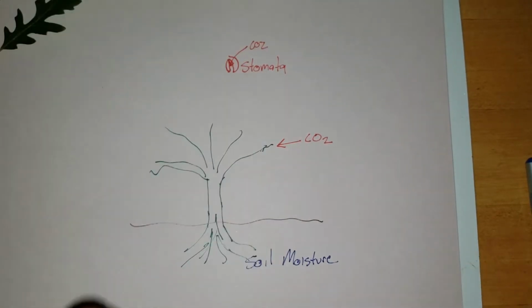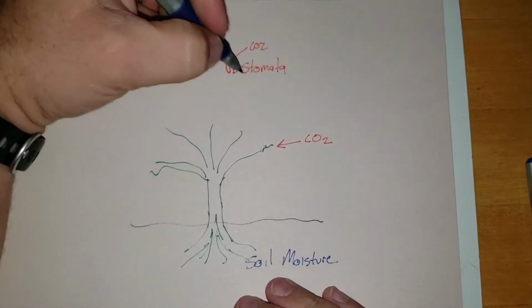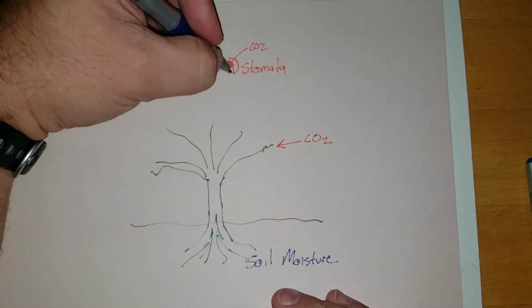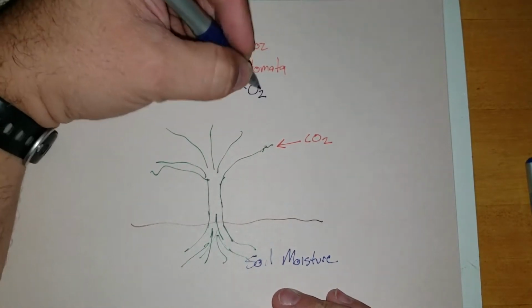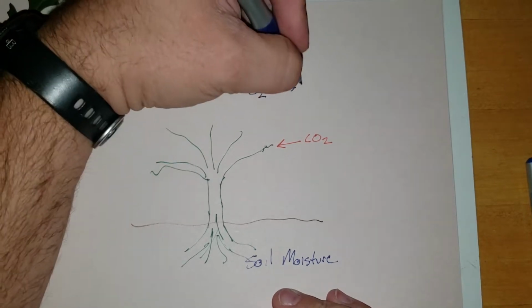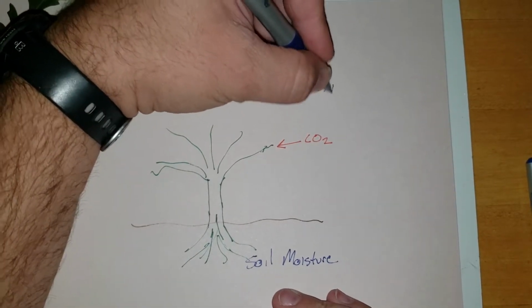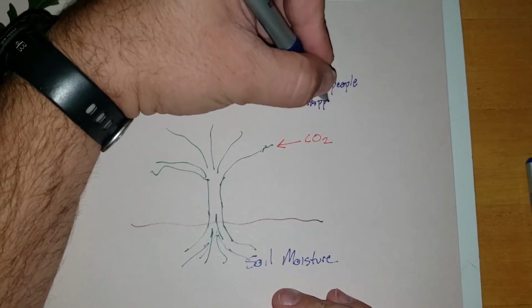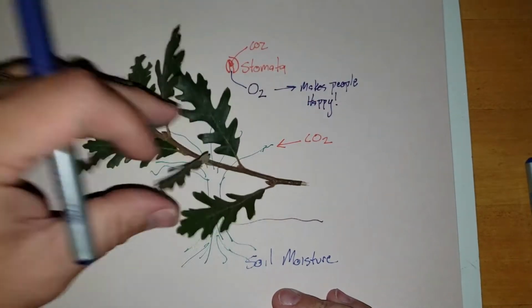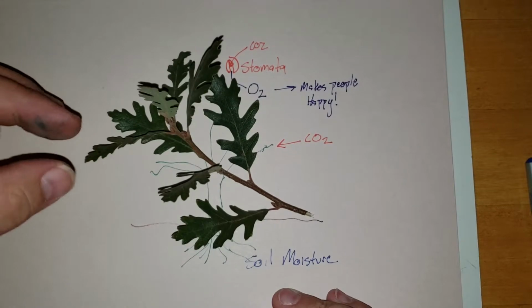CO2 goes in. But as that CO2 goes in, there's stuff that escapes. What escapes is a byproduct of photosynthesis. The first byproduct is O2, oxygen. And by the way, this also makes people happy. So don't go plucking these off unless you are doing them in the name of science.